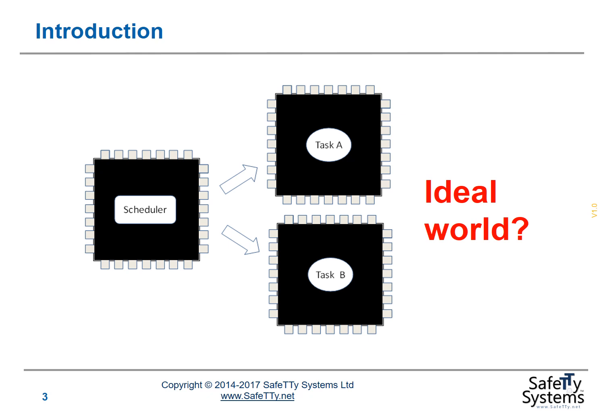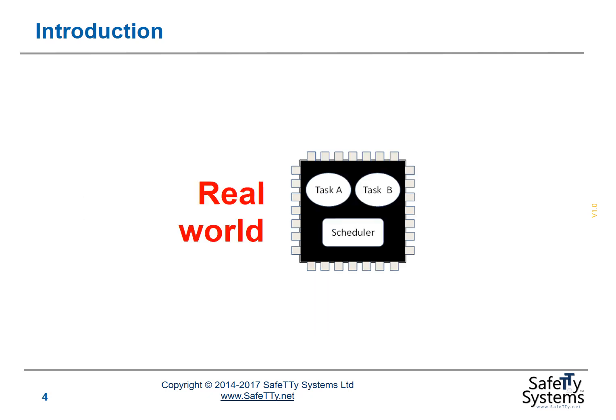In this way, it would be easier to ensure that task A couldn't interfere with task B, or with the scheduler in an unintended manner. Of course, for most designs, this multiprocessor implementation would be rather impractical.